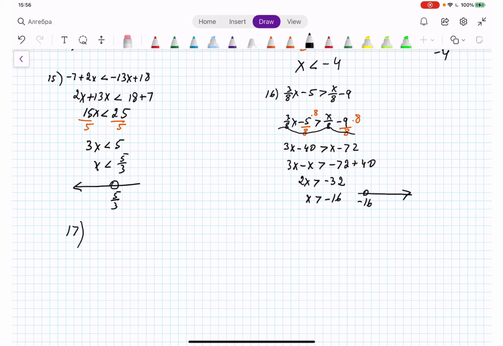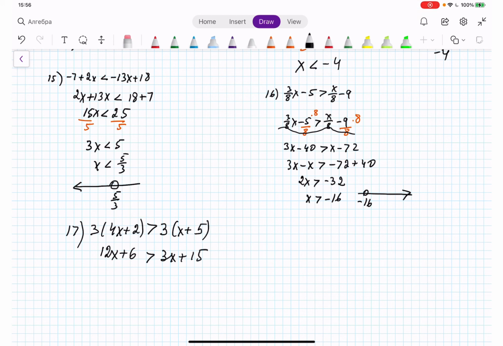And what do we get? 3 times 4x plus 2 greater than 3 times x plus 5. Let's solve it. 12x plus 6 greater than 3x plus 15.